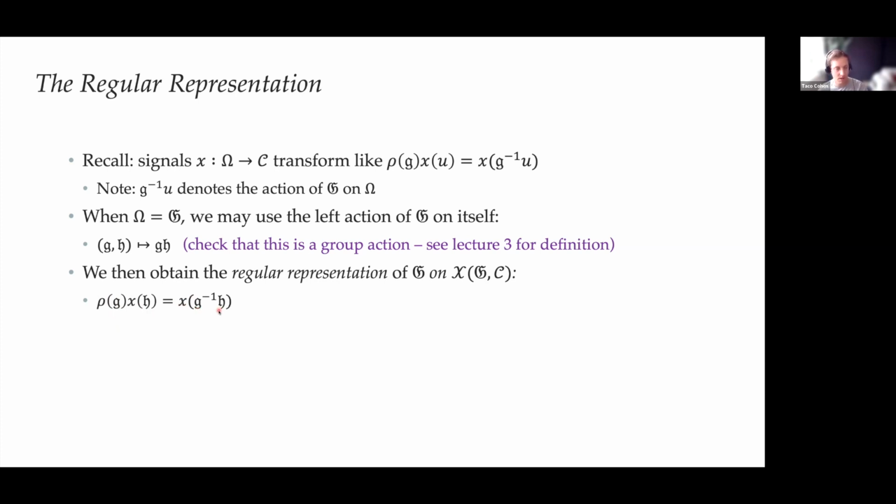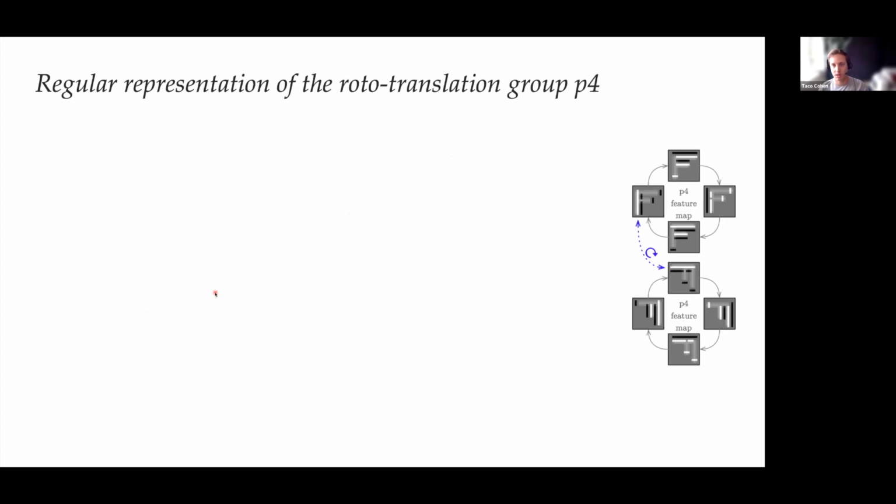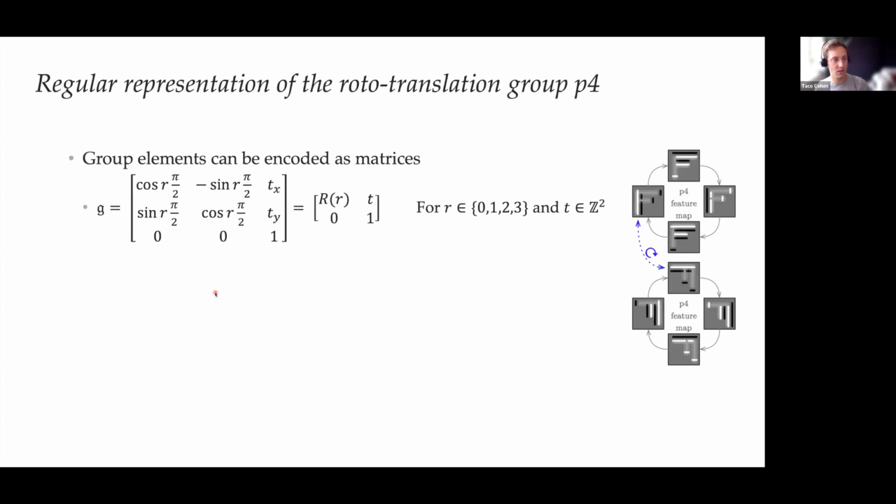So let's look at how that general definition specializes to the case that we've been studying of discrete rotations and translations. To make it less abstract, to actually be able to do concrete computations, we're going to encode our group elements G as matrices.